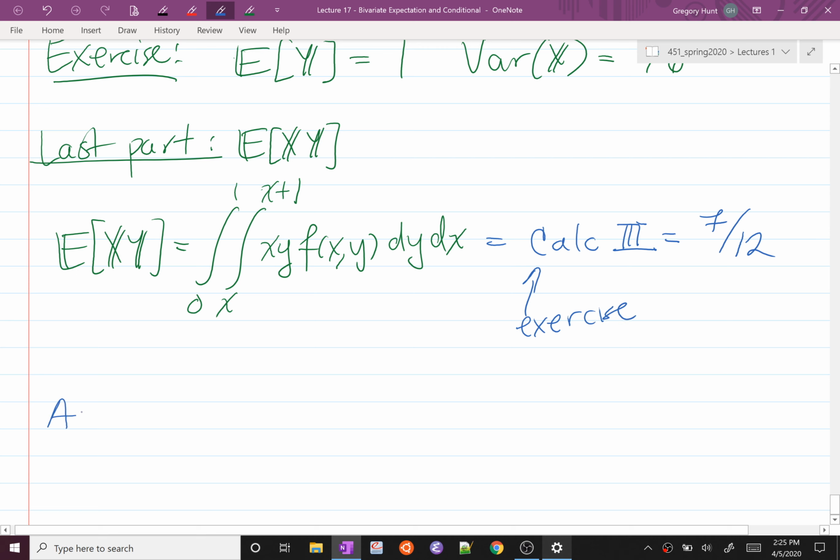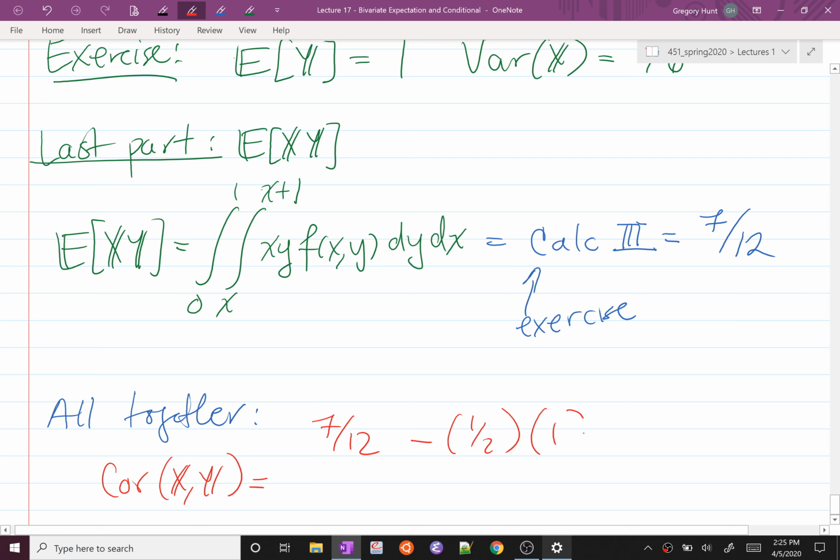And so all together, if we combine everything now, our correlation between x and y is 7/12 minus 1/2 (expected value of x) times 1 (expected value of y), over the square root of 1/12, the variance of x, and 1/6, the variance of y.